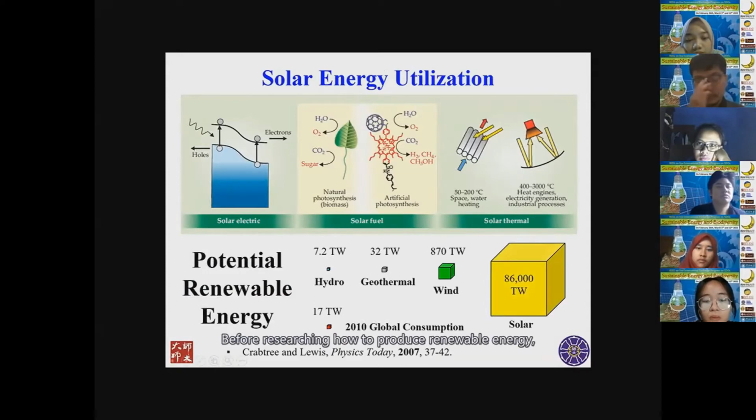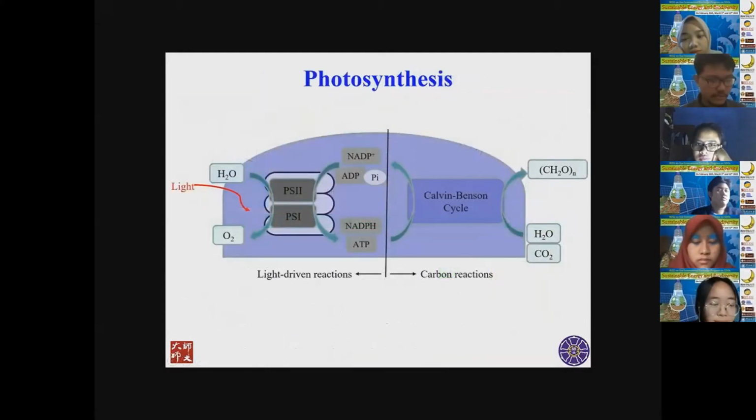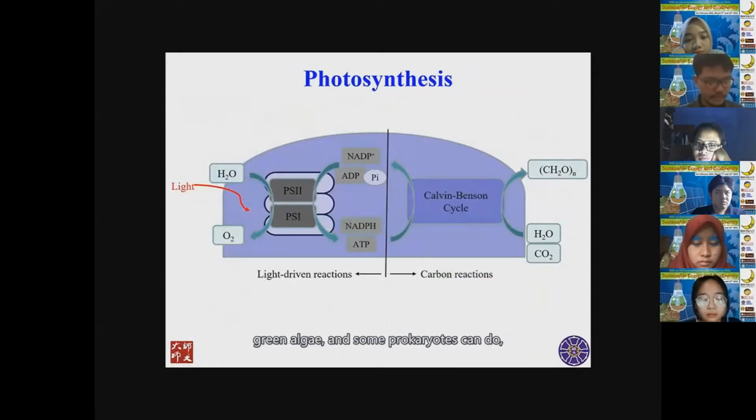Before researching how to produce renewable energy, we may look at what plants do. Photosynthesis is the reaction that plants, green algae, and some prokaryotes can do, which is the process that captures light, converts light energy to chemical energy, and expends the chemical energy to reduce inorganic carbon dioxide to organic carbon in the form of sugar.